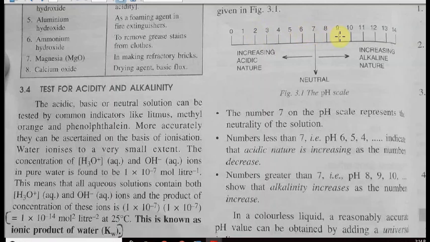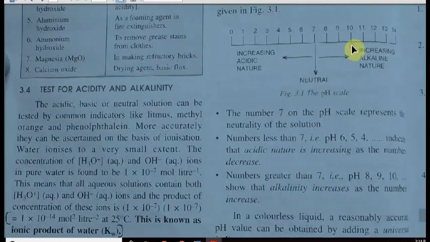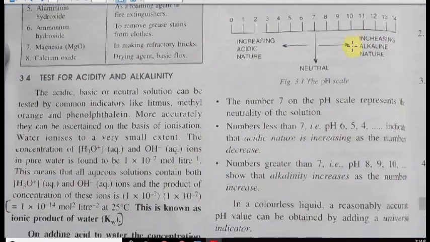Similarly, if we have two basic solutions, one with a pH of 9 and one with a pH of 13, the pH 13 base will be stronger. It means the value which is more distant from 7 is stronger. Acidic property gets stronger if we go to the left-hand side, and basic property gets stronger if we go to the right-hand side.